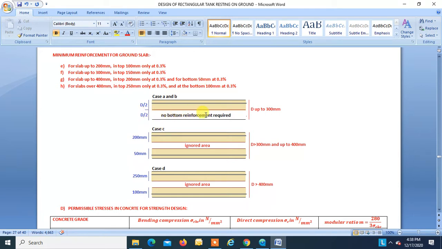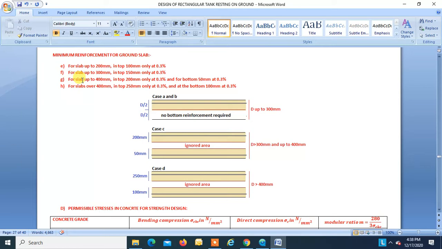And no bottom steel reinforcement is required in this case. In slab up to 300 mm, same, d by 2, that is for the top 150 mm, you have to provide 150 into 1 meter cross sectional area into 0.3 percent steel in both directions, horizontal and vertical. And at the bottom you don't have to provide any reinforcement.